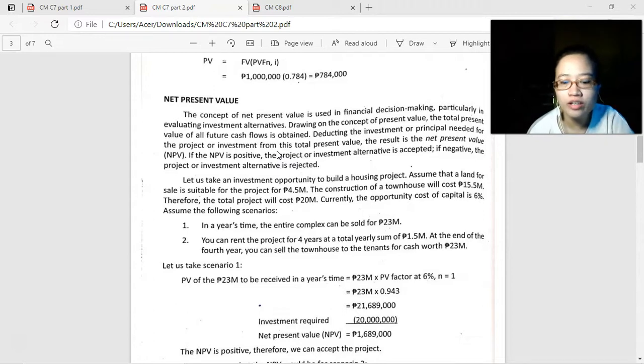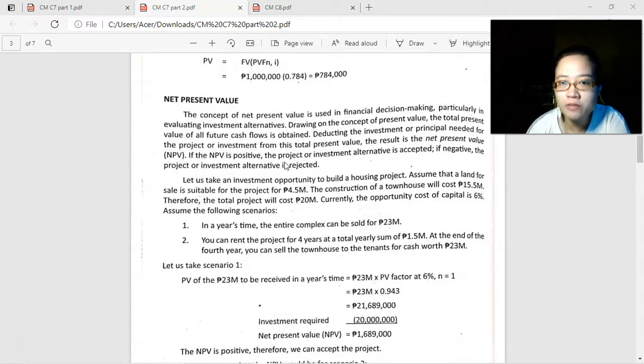So, for example, meron kang investment decision, tapos every year, meron kang expected na cash flow na matatanggap. Okay? Pero since yung values na yon ay future cash flows, kailangan kunin mo yung present value niya. At pag nakuha mo yung present value niya, syempre, babawas mo yung amount na nilagak mo dun sa investment. Pag binawas mo yon, nakukuha mo na yung net present value. Okay?